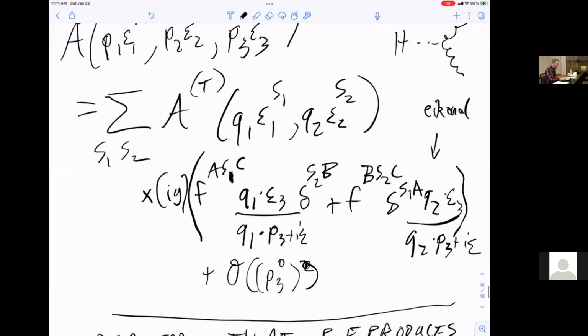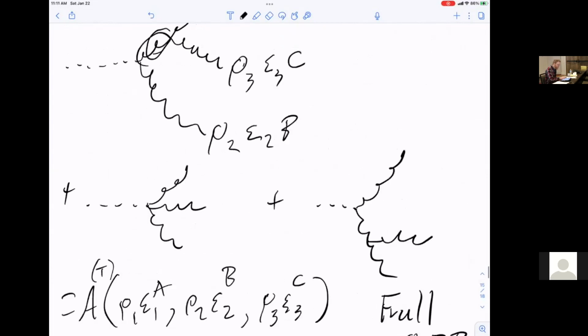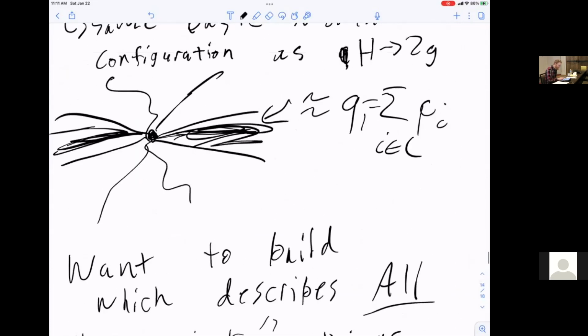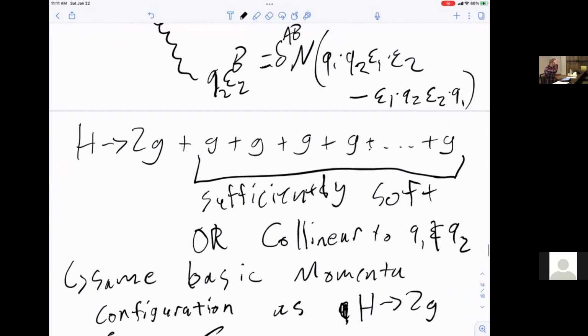Where by 2-jet, I mean any particular amplitude like this, such that taking matrix elements of that amplitude with this particular number of partons will reproduce the full theory amplitude up to power corrections in my soft and collinear expansion.